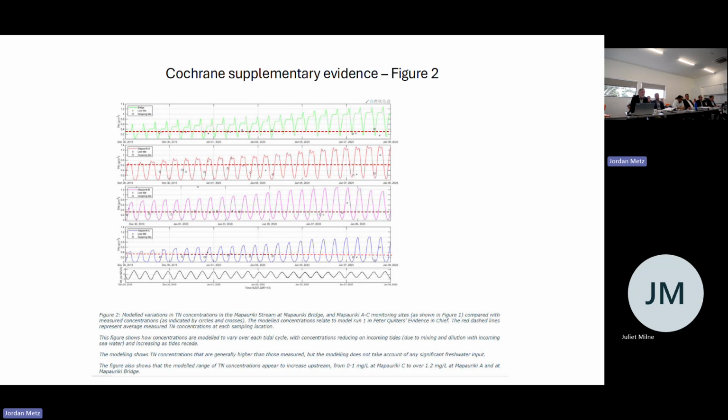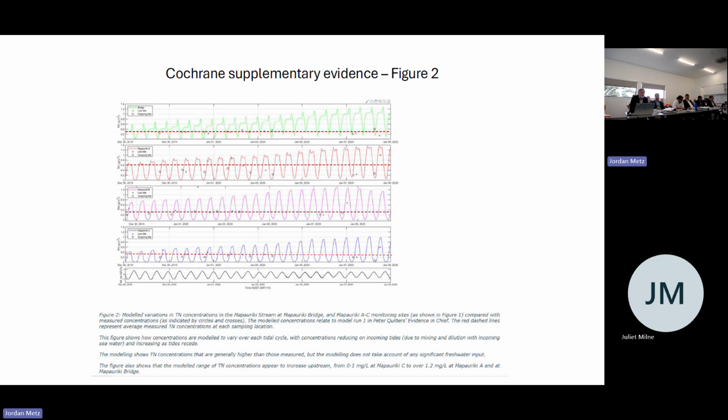The circles and the dots are the measured results. In some respects, we're getting relatively good convergence between what's modelled and what's measured, but it does break down in some other situations, and hence the need for higher frequency monitoring to understand how TN concentrations change over the course of the tidal cycle.